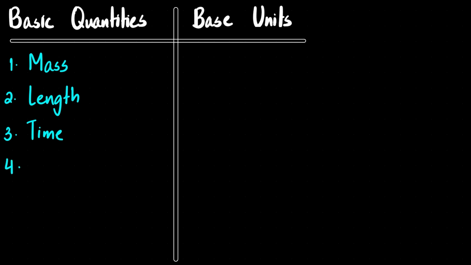So let's just write down their names here along with their units. And again, this order is totally arbitrary. This means nothing. I'm just writing down the names of these first. Mass, length, and time. Some of the most important quantities that we all recognize and know of.